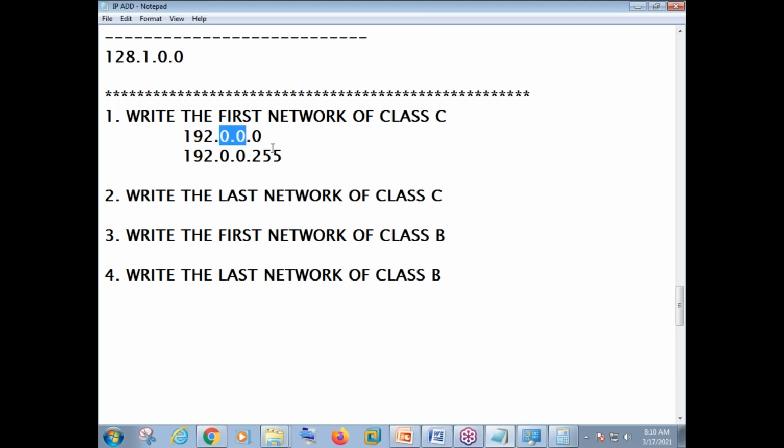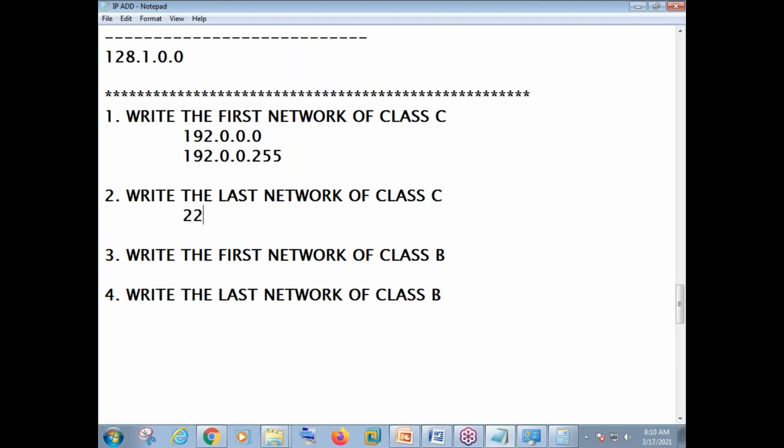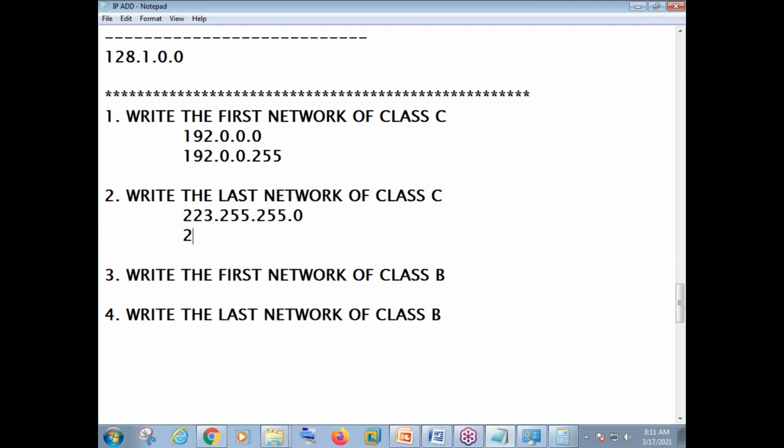So 192.0.0.0 is the first network, and the range of this network is up to 255. Now the last network of class C will be 223.255.255.0 up to 223.255.255.255. This is class C.